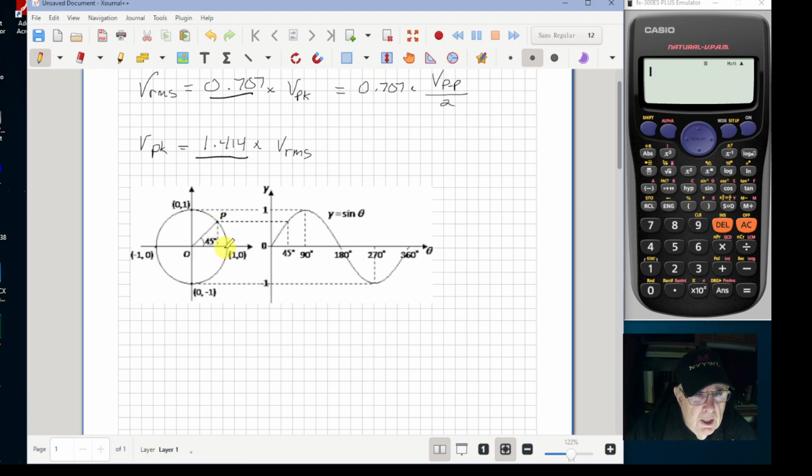And we start here with it flat on the x-axis at 0 degrees, and it rotates backwards, and as it goes through all 360 degrees, if we were to plot those points, it would create a sine wave. And I like this particular graph because they show it with the radius here being at 45 degrees, which is kind of an interesting thing.